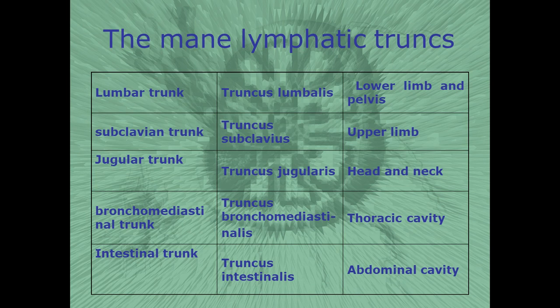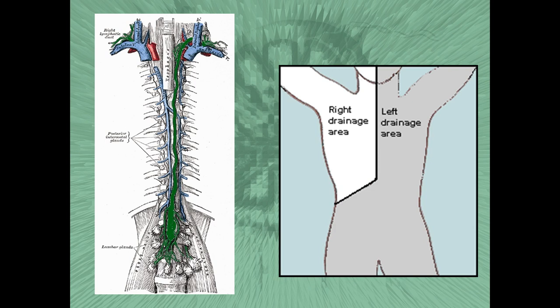thoracic duct. And so we came to the next member of the lymphatic system, the lymphatic ducts. There are just two lymphatic ducts in the human body, the thoracic duct and the right lymphatic duct. This one thoracic and this one right lymphatic duct.